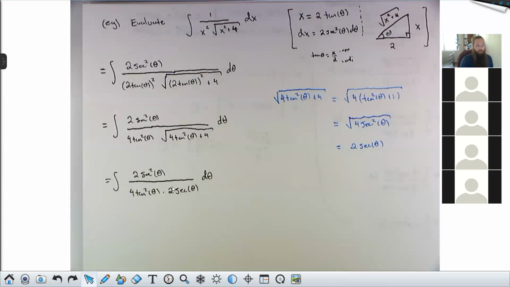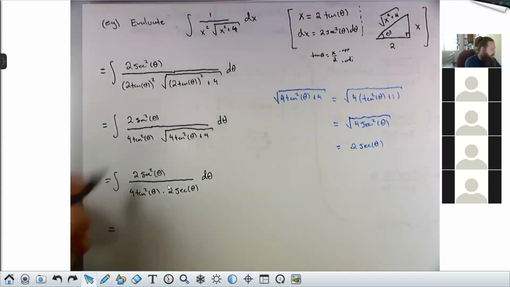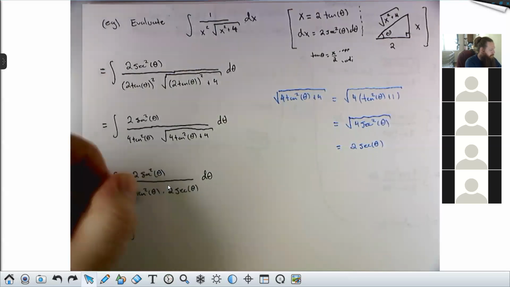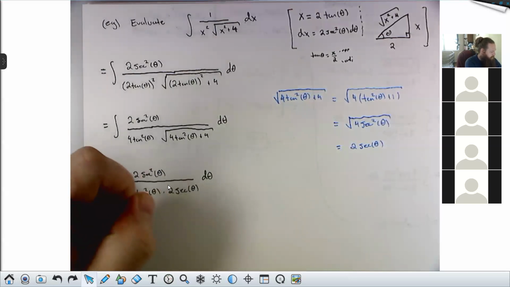All right, so I can cancel this secant with one of these secants. 4 times 2 downstairs is 8, 2 upstairs is 2, 2 over 8 is 1/4. So I'll pop out the 1/4. One of the secants upstairs goes.